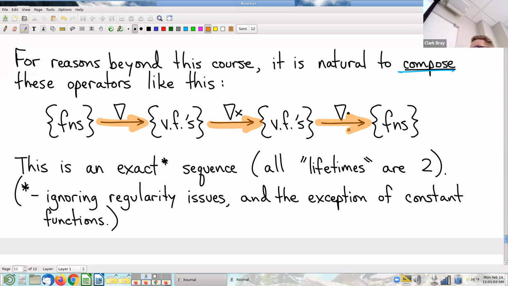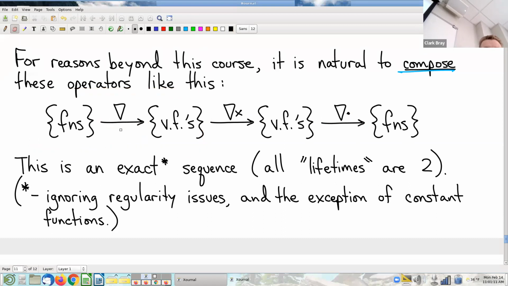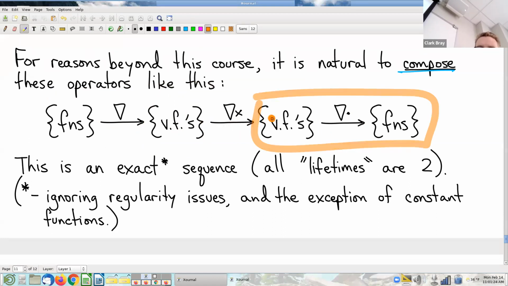Seems like a weird thing to want to do, but look, you can, because after all, the gradient of a function is a vector field, and the curl takes in a vector field, so again, the Legos fit. Curl produces a vector field, and sure enough, a vector field is what divergence acts on and gives you a function.